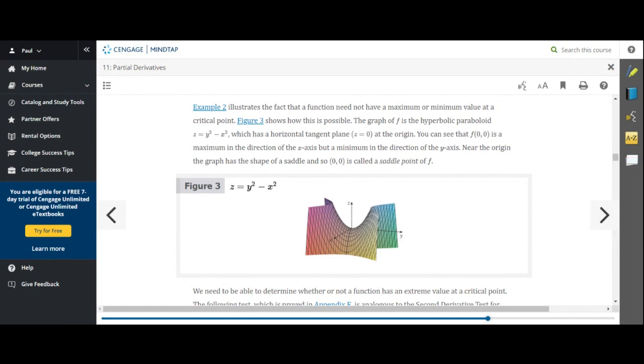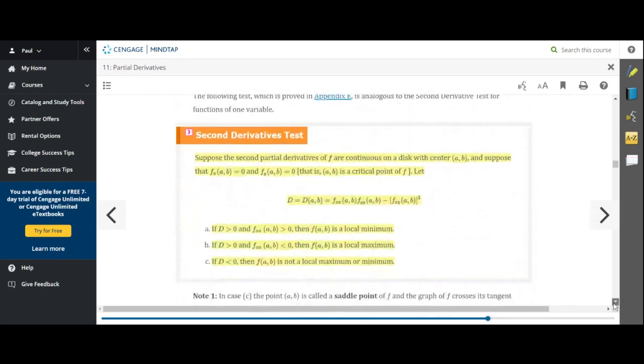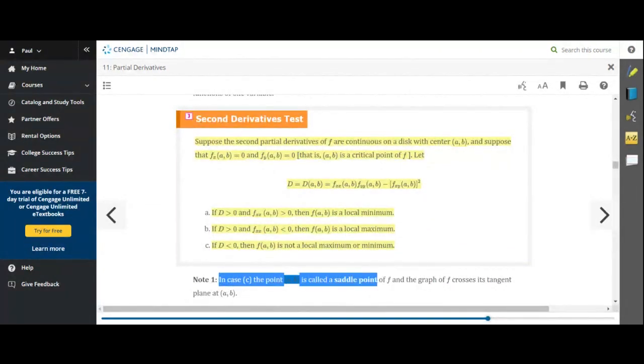But with respect to the x-axis, the surface is rising, so the highest point on the x-axis is a local maximum. So you can't identify in Figure 3 if the critical point is a maximum or a minimum. It's what's called a saddle point. And in the second derivatives test, for case C, you have a saddle point.